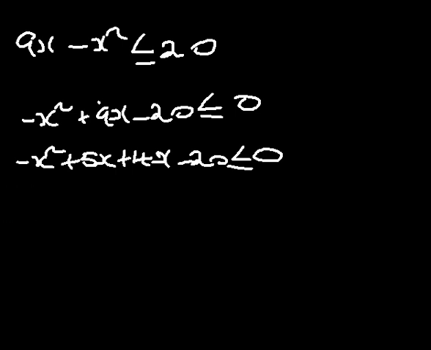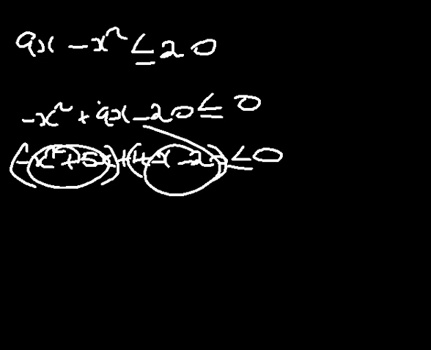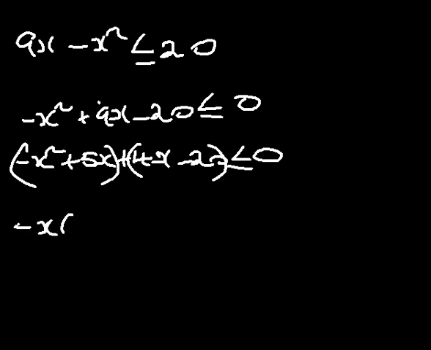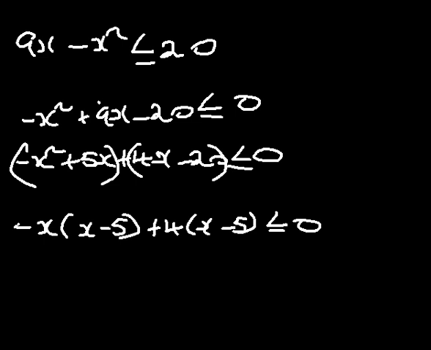So let me just pair up these things. So which means I have this as that and also this one as that. So now I have to factorize this one and also this one as well. So now I have negative x, of which you have x, and that minus 5 should be that. And I'll have a positive 4 in the x, that should be minus 5, less than or equal to 0.